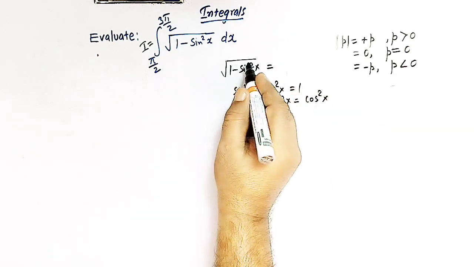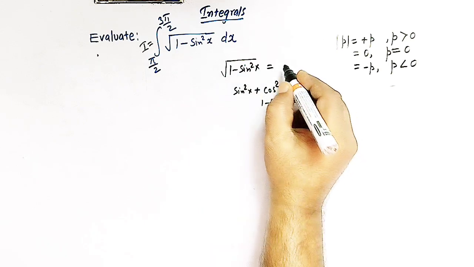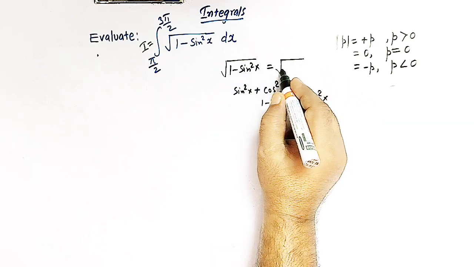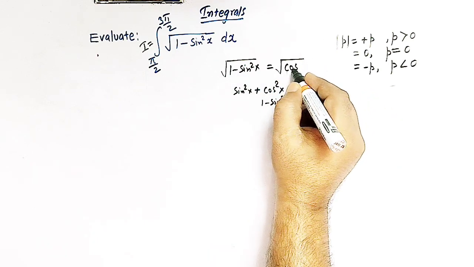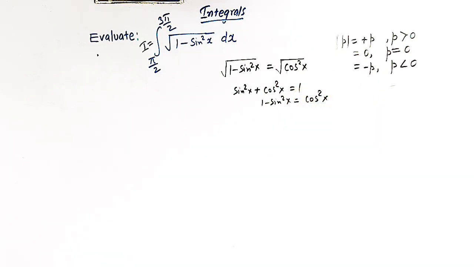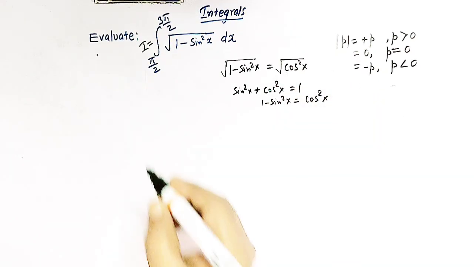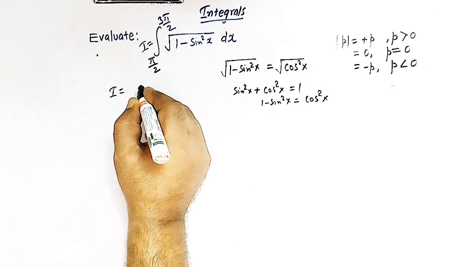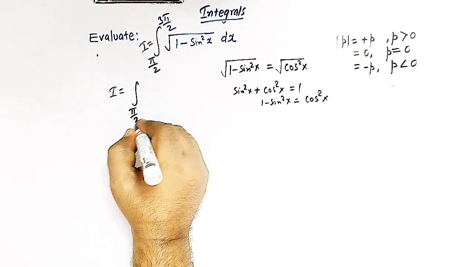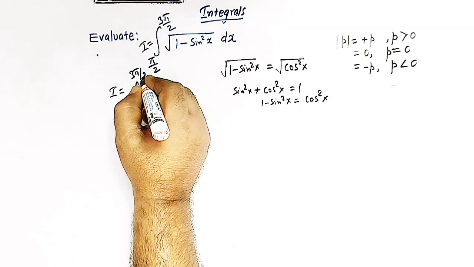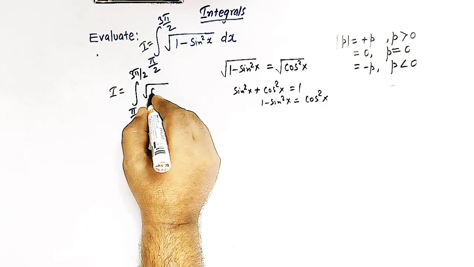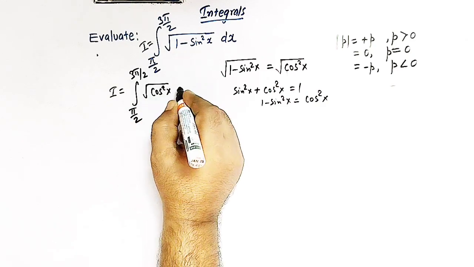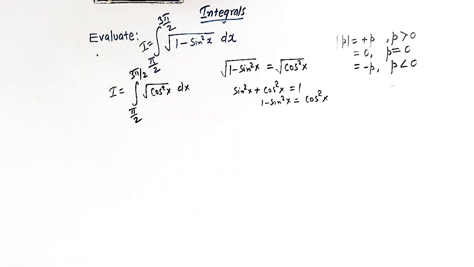So the square root of 1 minus sine square x is equal to square root of cosine square x. Now our integral I takes the form: integral from pi by 2 to 3 pi by 2 of square root of cos square x dx.